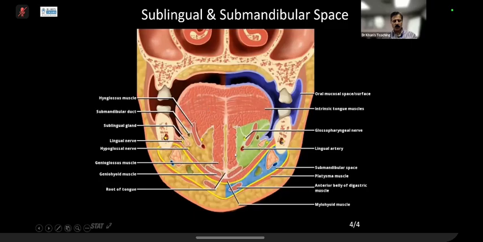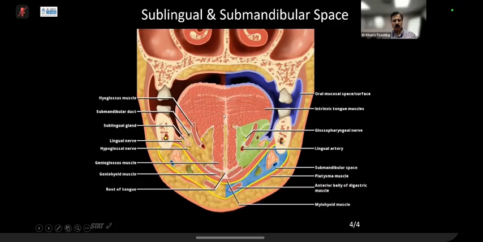Now, if you concentrate on this coronal sequence, it tells you a few points to remember. This green space is the sublingual space. Look at this muscular structure, the tongue. The tongue has two types of muscles. One is intrinsic muscles, and most of what we are seeing here is intrinsic muscle.